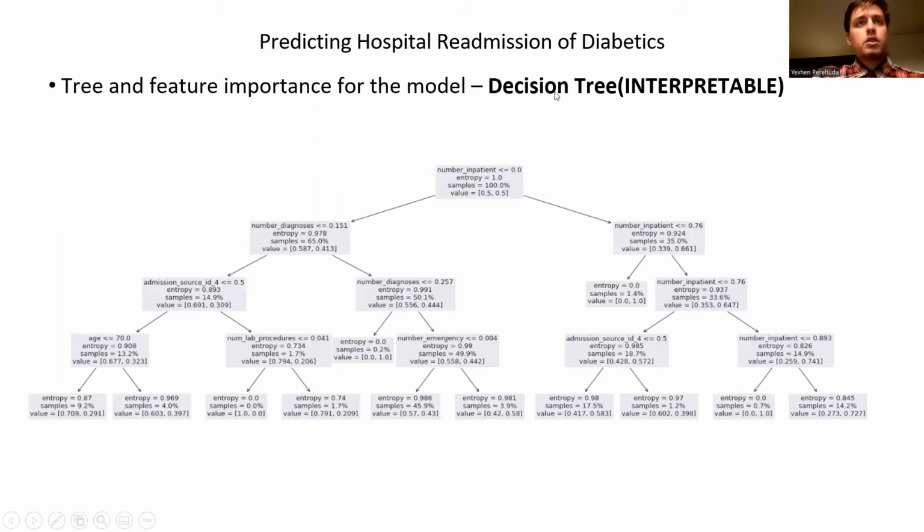The next one is number of diagnoses. After that is admission source ID 4: was the patient admitted from this source or not? And also, for example, there is another important feature: is our patient younger than 70 or not? And in case he was younger, that means he is less likely to be readmitted in the future.